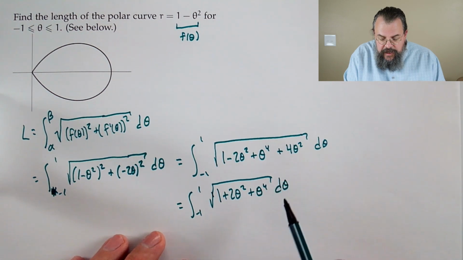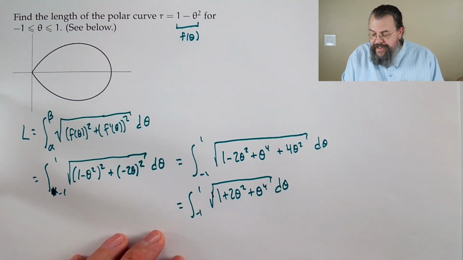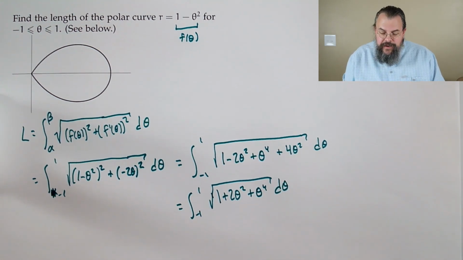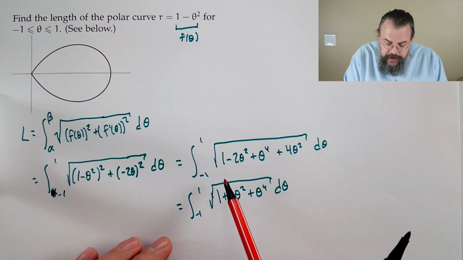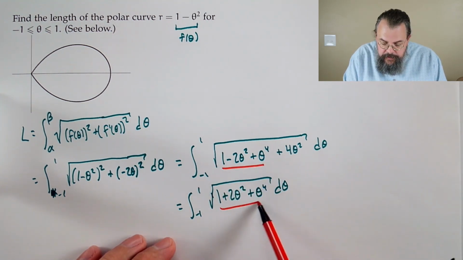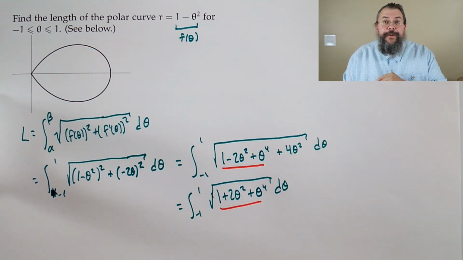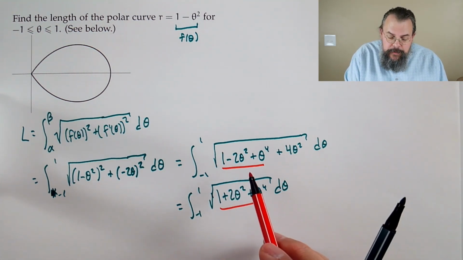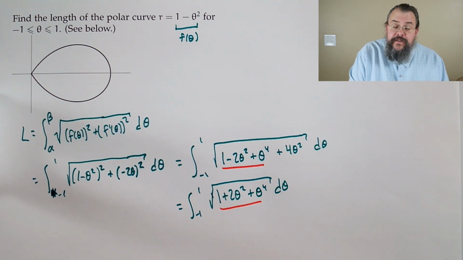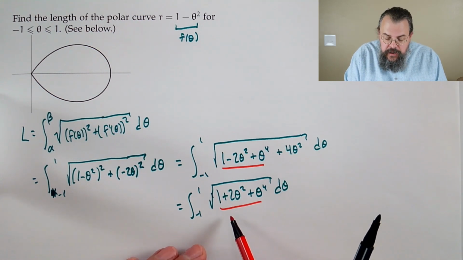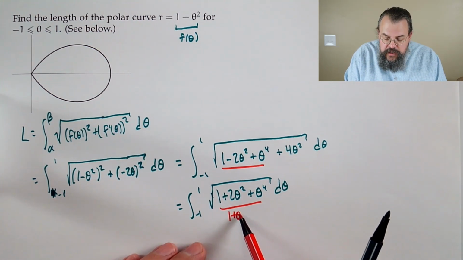And we say, aha, we recognize that. It looks an awful lot like this. I say, well, yeah, except for the minus. Exactly, except for the minus. This came from the square, 1 minus theta squared. So this will be 1 plus theta squared.